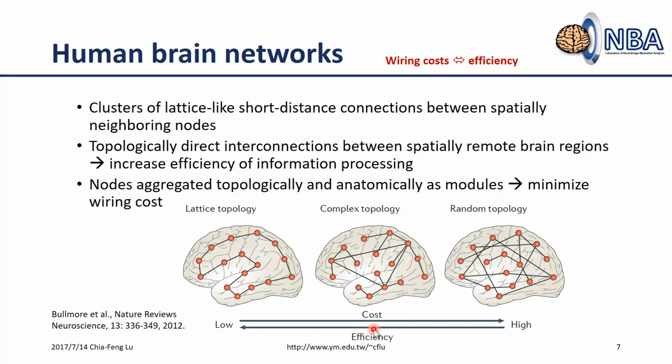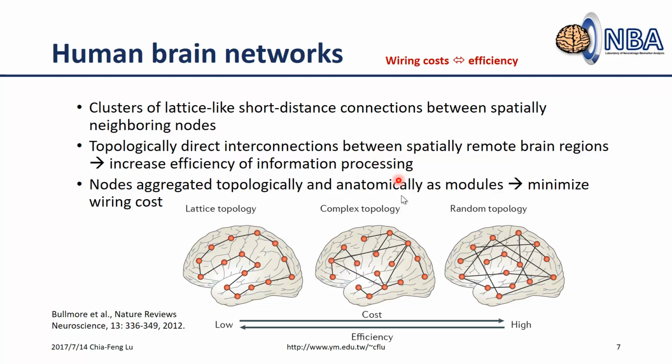So you can see this brain network may have many different short connections. However, for the functional integration purpose, we may have some particular long distance connections. For example, if you want to integrate the function from the frontal lobe to the parietal lobe, then if you have this kind of direct connection, you can improve the efficiency.